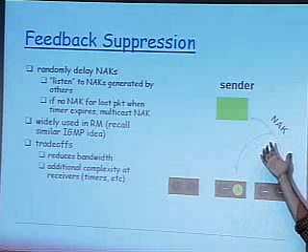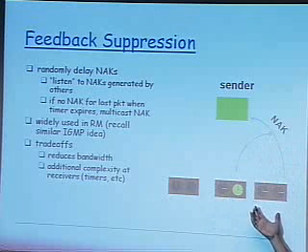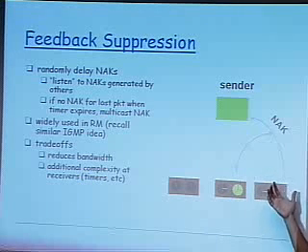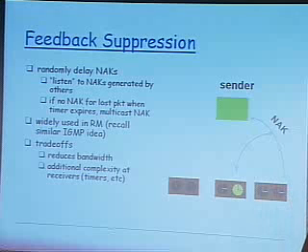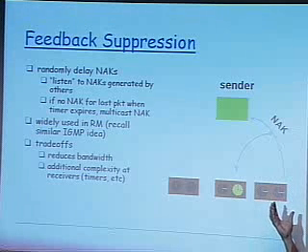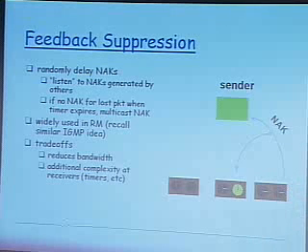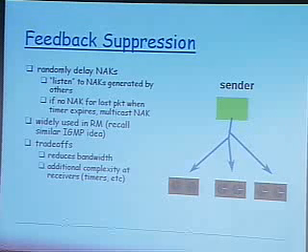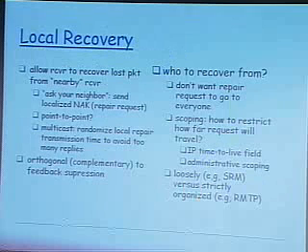It is broadcast. Broadcast goes to all other receivers. Because these receivers know that this packet has been NAC'd already, they're not going to send their NACs ahead. So this reduces the problem of feedback implosion. And then once the NAC has been received, the data can be multicast again.